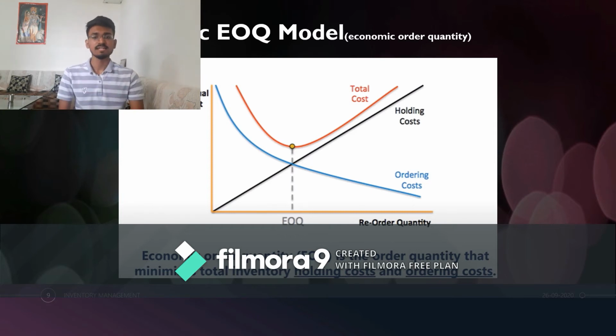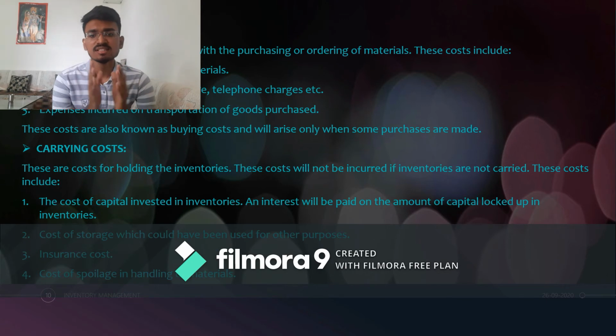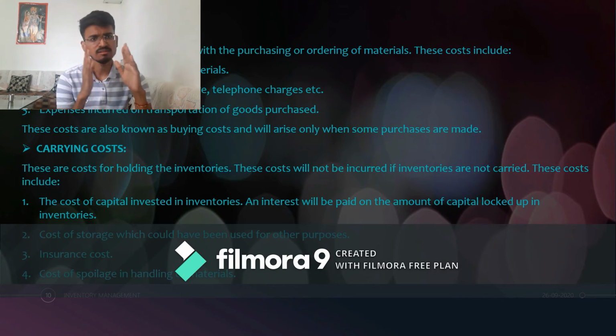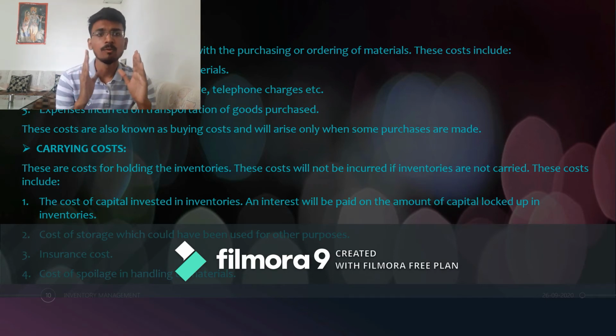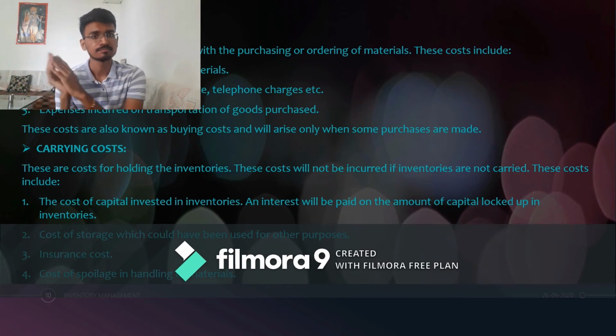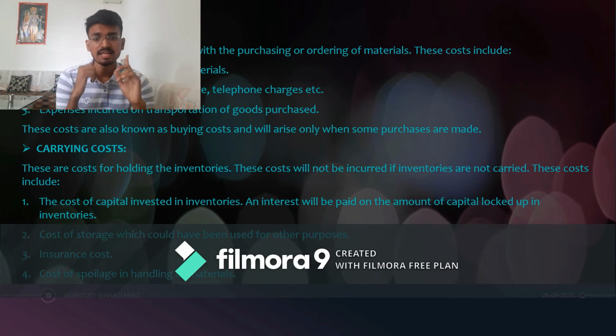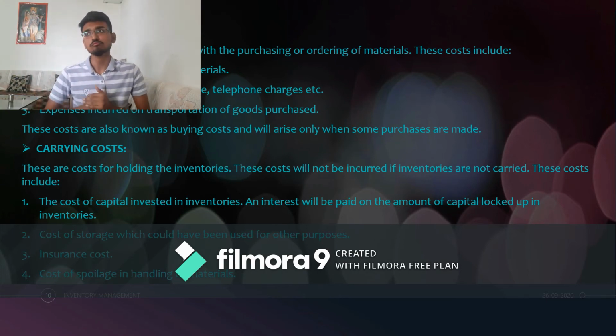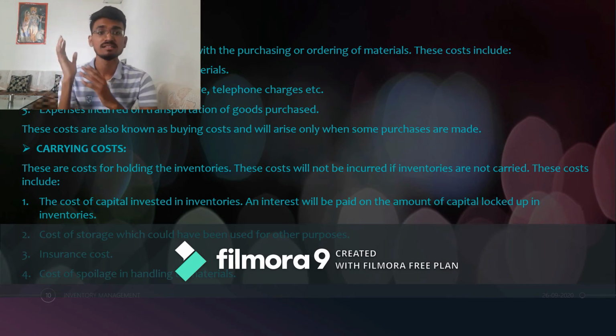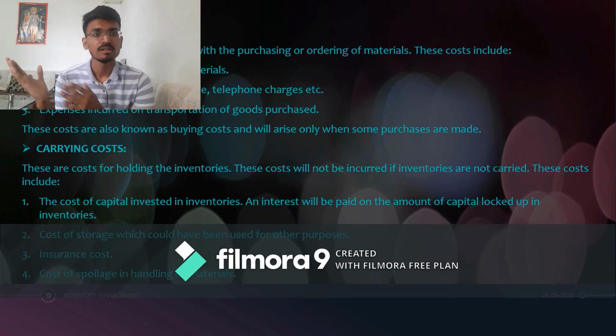Next we will discuss ordering cost and carrying cost. What is an ordering cost? These are the costs incurred while ordering inventory. It involves many parts. First is inspection cost. The order that we are ordering should be inspected so that its quality is good.